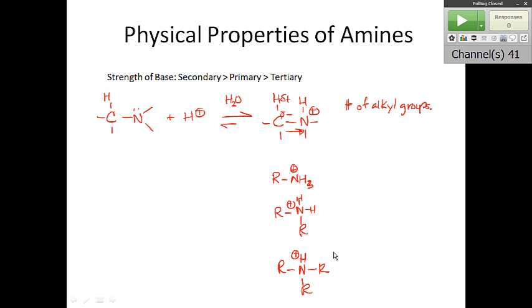Because not only is it that you can push the equilibrium to the right by putting more alkyl groups on this nitrogen and pushing electron density into it, but I could also stabilize this product by being able to solvate it with water.